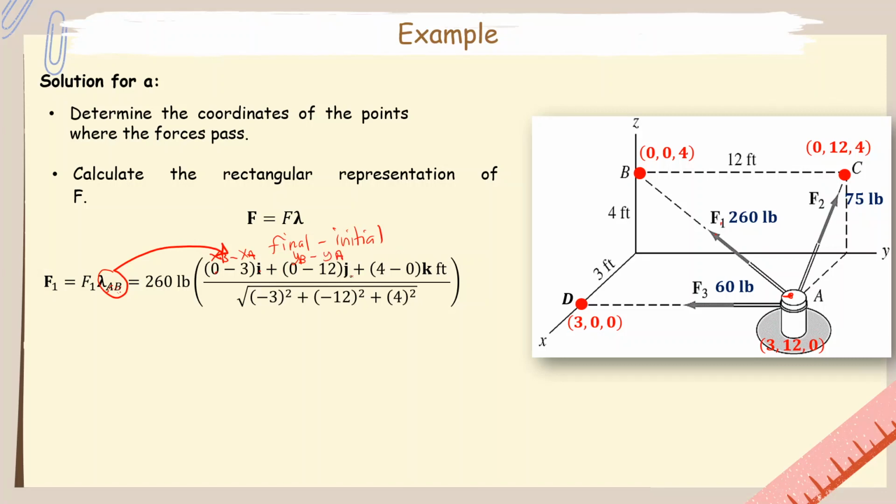And then, zb minus za. Okay, and then, square root natin yung mga answer sa parentheses. So, therefore, ang vector representation ni force 1 or ni F1 is negative 60I minus 240J plus 80K pounds.